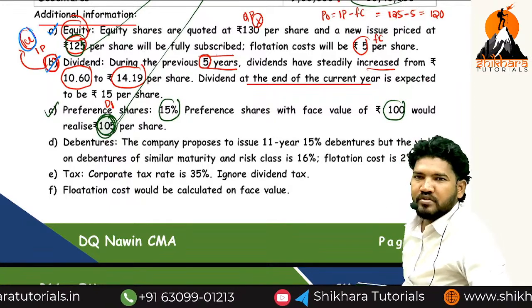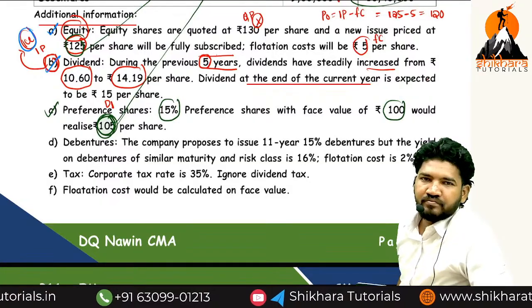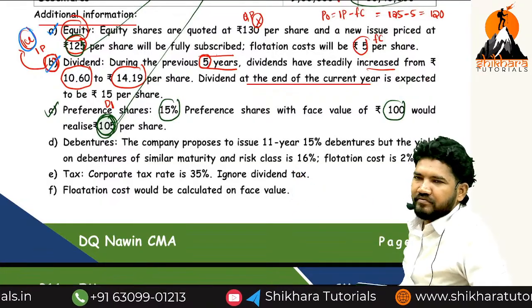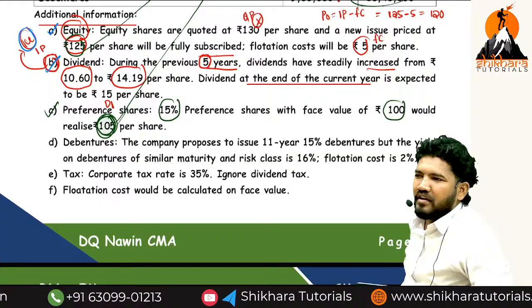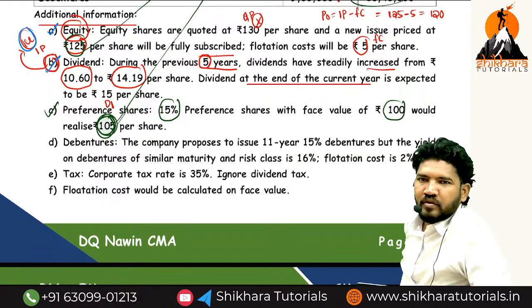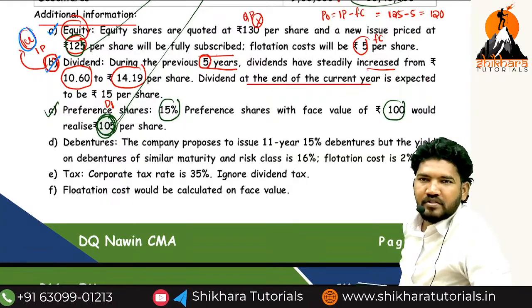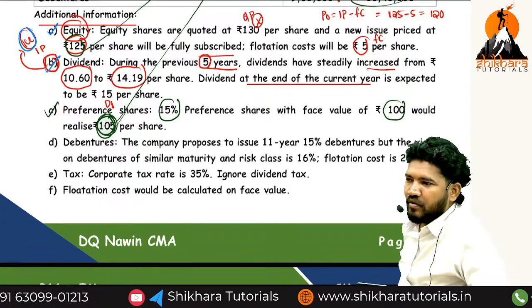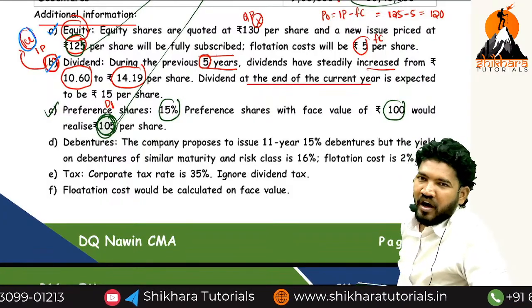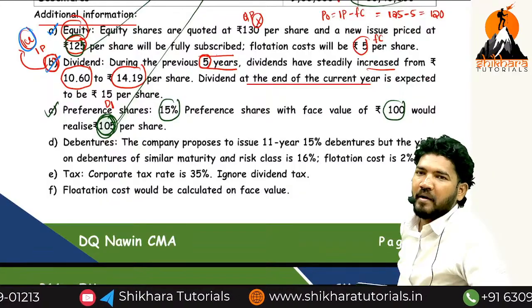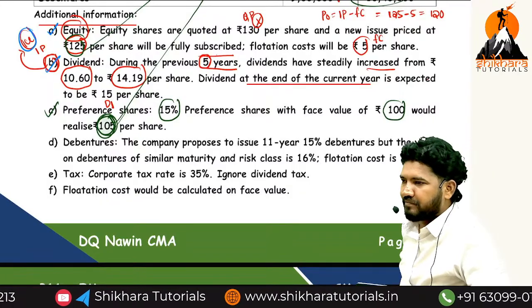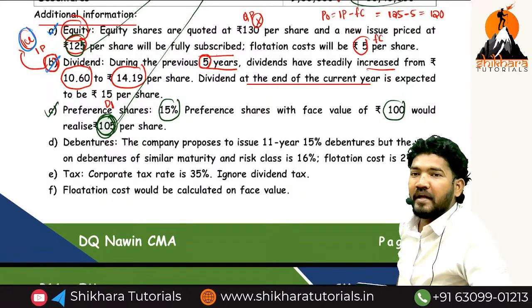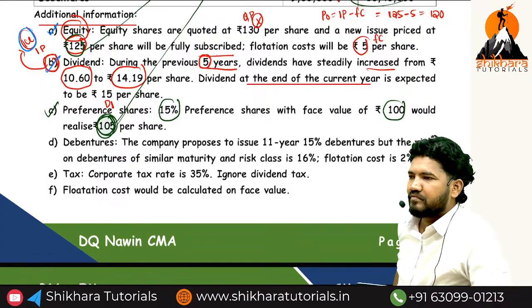In the CMA books they will consider it on face value. But here they clearly mentioned. If you have a doubt, go with the assumption, no problem. But in one of the CMA problems also they considered issue price. For that I also gave the logic. The underwriter needs more value, so he will apply it on issue price. If it is a premium or a discount, they will apply it on face value. Are you okay, sir?